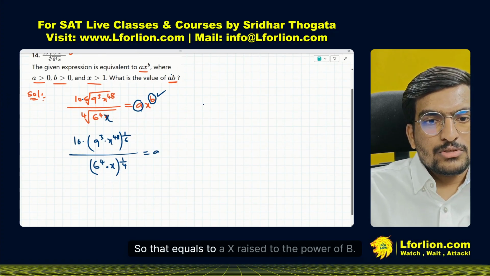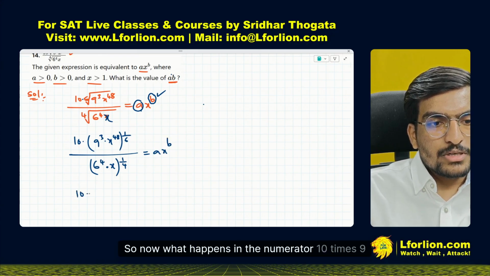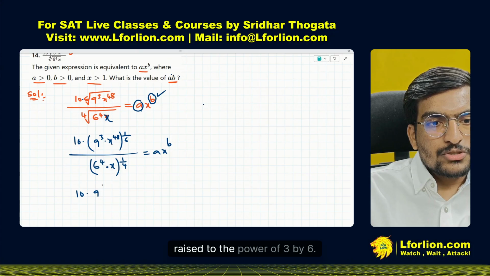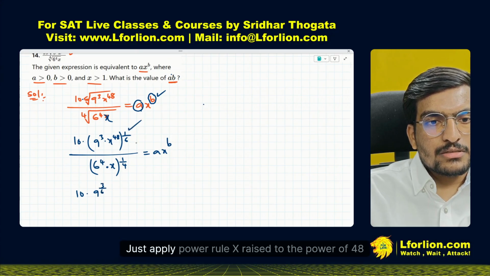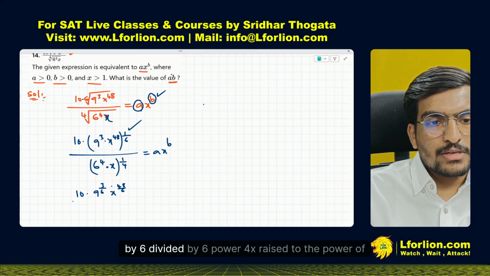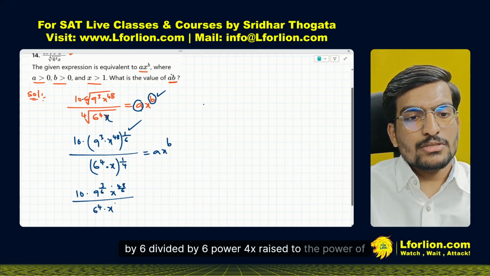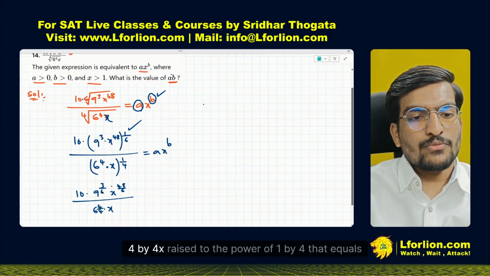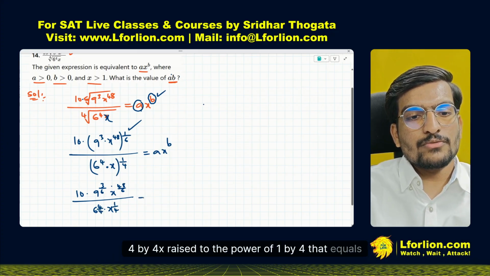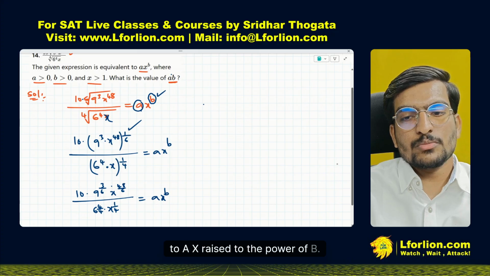So that equals a x raised to the power of b. Now what happens in the numerator? 10 times 9 raised to the power of 3 by 6. Just apply the power rule, x raised to the power of 48 by 6, divided by 6 to the power of 4 by 4, x raised to the power of 1 by 4. That equals a x raised to the power of b.